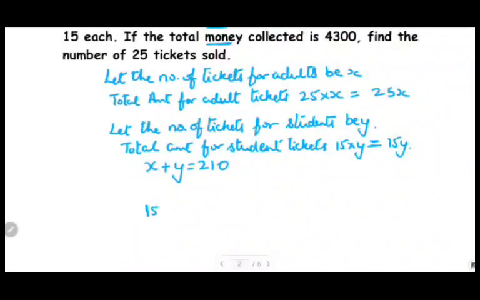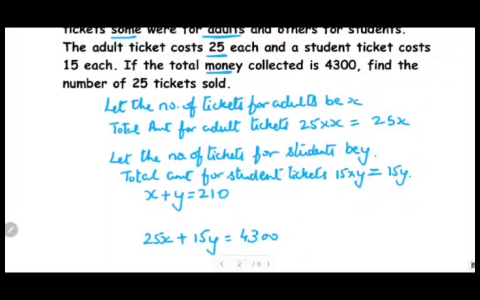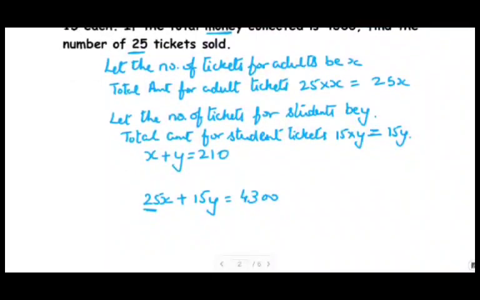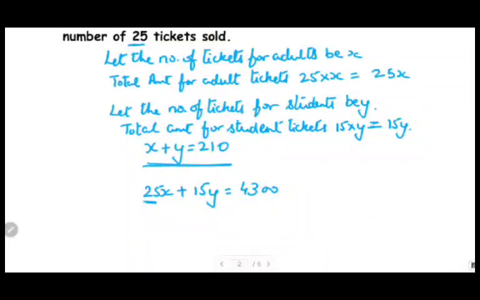Correct? So if the total amount collected is 4,300, so total amount collected will be 25x plus 15y will give me 4,300. Correct? Find the number of tickets of rupees 25. That means they want the adult tickets. Clear? So since there are two variables, I will express one as the other.